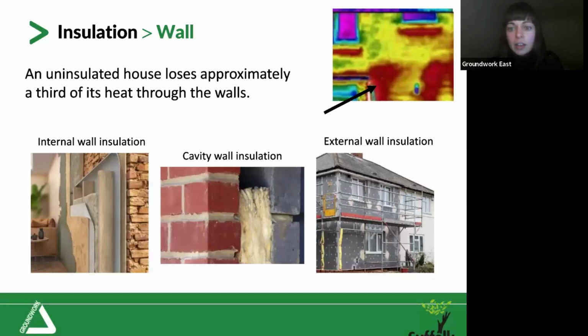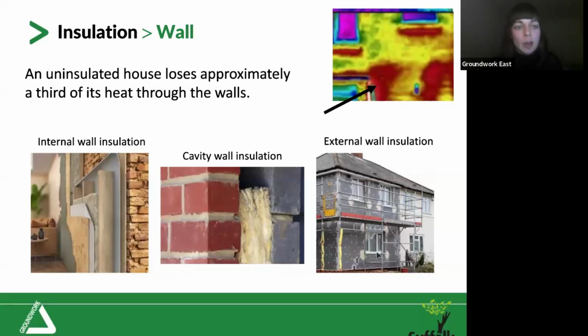Then the cavity wall insulation, which is the next type along. Between the two walls within a house, you've got a gap in between, which is known as the cavity. Not all houses have this, only houses of a certain period. This cavity can actually be packed in some situations with insulation, which can help retain the heat within a home.